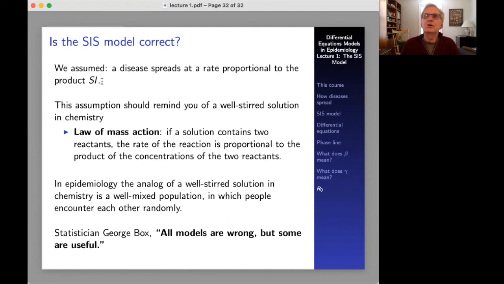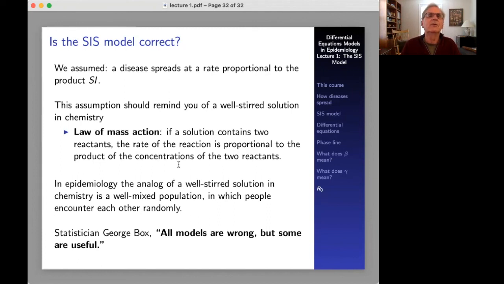Is that correct? So what that assumption might remind you of is a well-stirred solution in chemistry. In chemistry, you have what's called the law of mass action. If a solution contains 2 reactants and the solution is well stirred, then the rate of the reaction is proportional to the product of the concentrations of the 2 reactants.